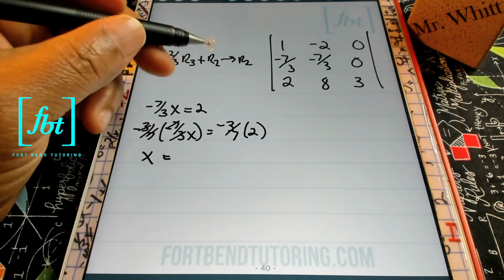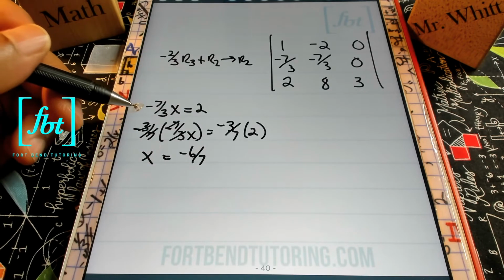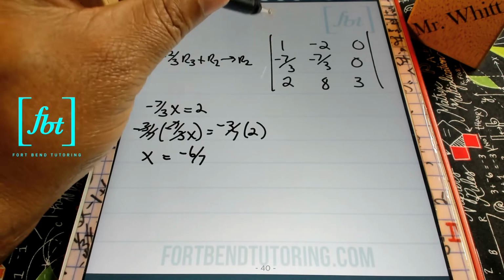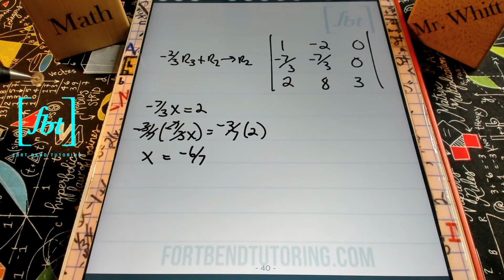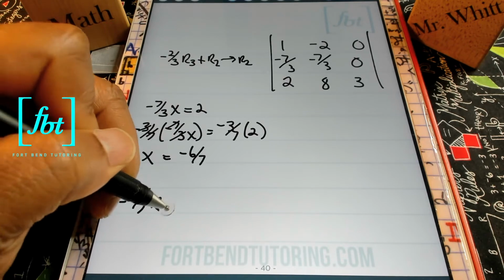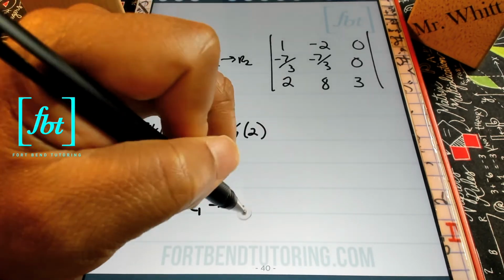On the right side, you'll end up with negative 6/7 as the value you need to multiply the second row by in order to combine that with the first row to get your 0 that you're looking for. So that means my next row operation is going to be negative 6/7 row 2 plus row 1, placing the result in row 1.